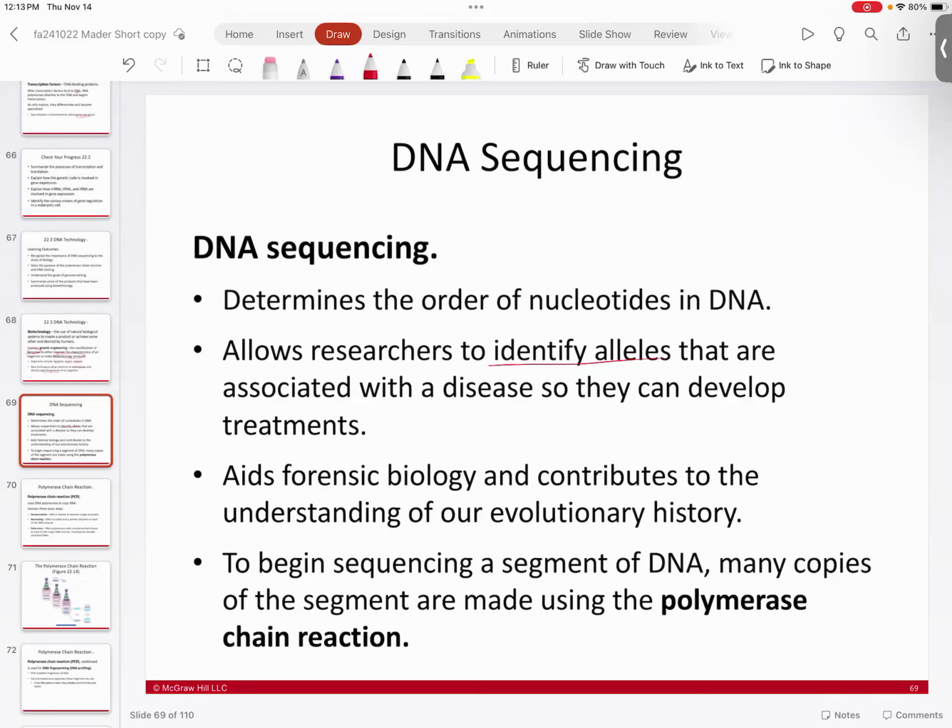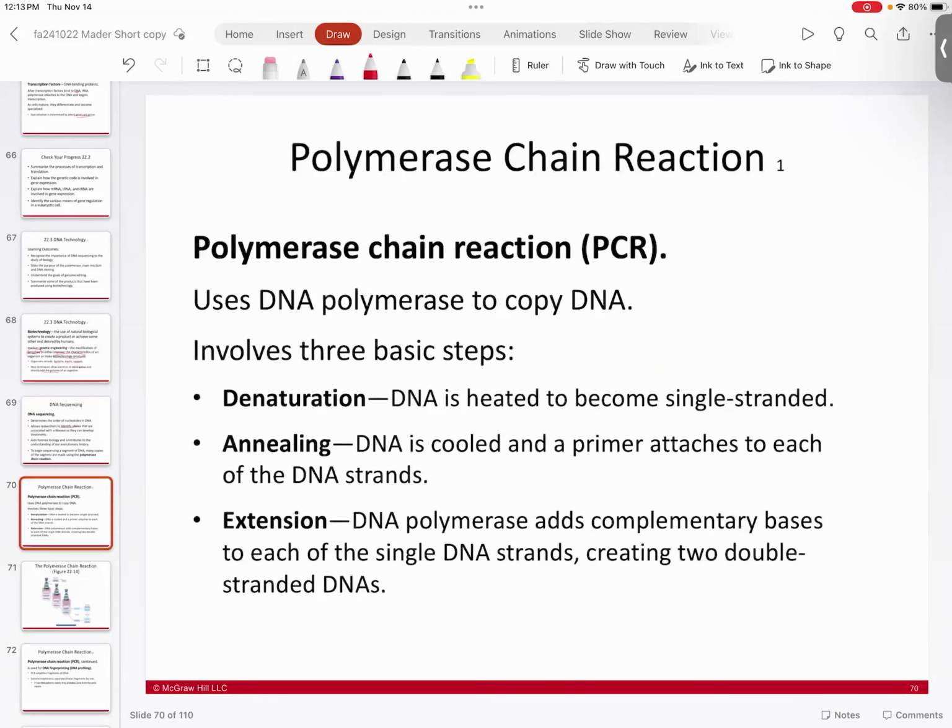And so ultimately, when we sequence the DNA, we want to make many copies of it so we can understand it. We use an amplification process called polymerase chain reaction, which is very similar to replication, and it has three main steps. The first step is to denature the piece of DNA. Your DNA is normally a double strand like this, and when you denature it in step one, it's going to separate into two individual templates.